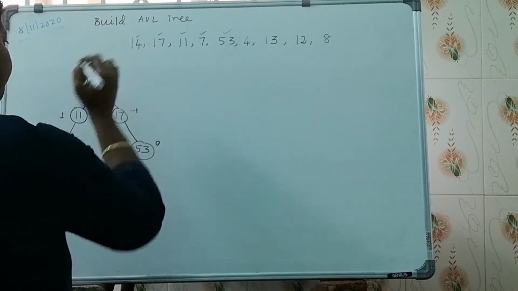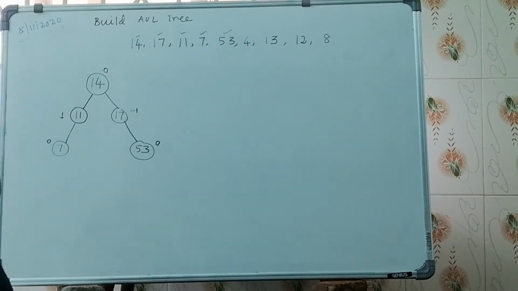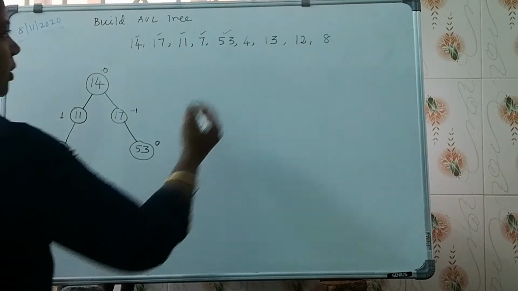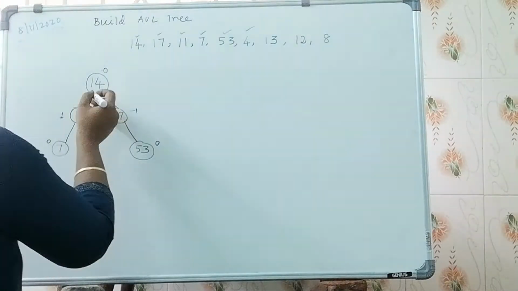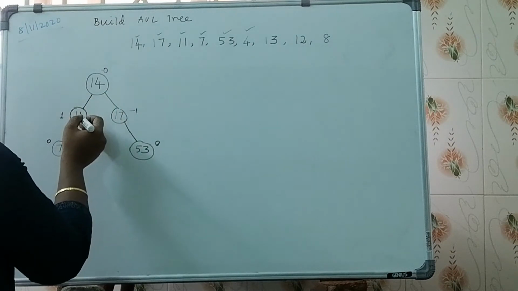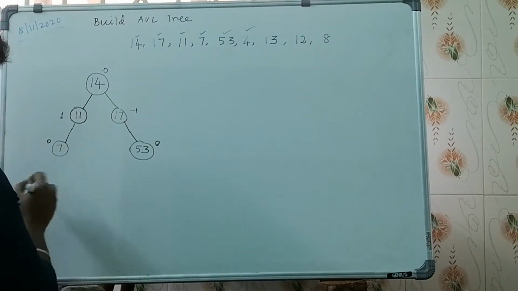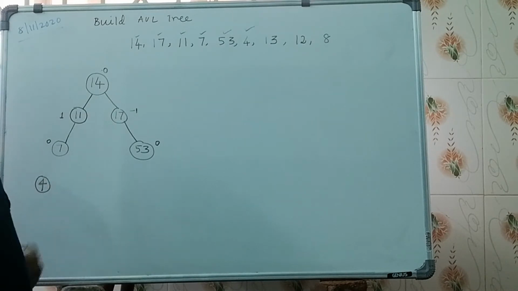Now this is 0. Now let us take the next node, which is 4. 4 is lesser than 14, lesser than 11, lesser than 7. So 4 has reached its right position.